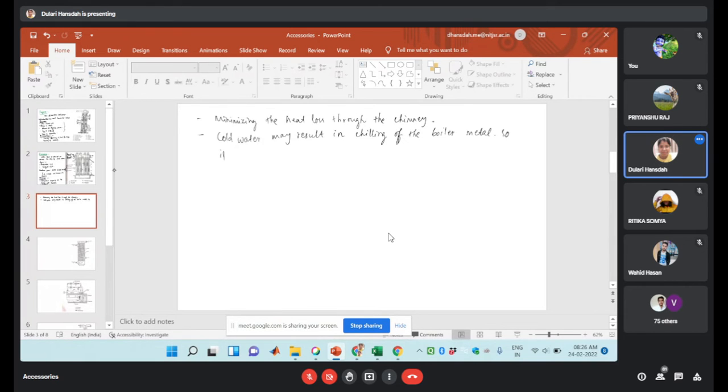So it provides hot water to reduce the chilling effect.